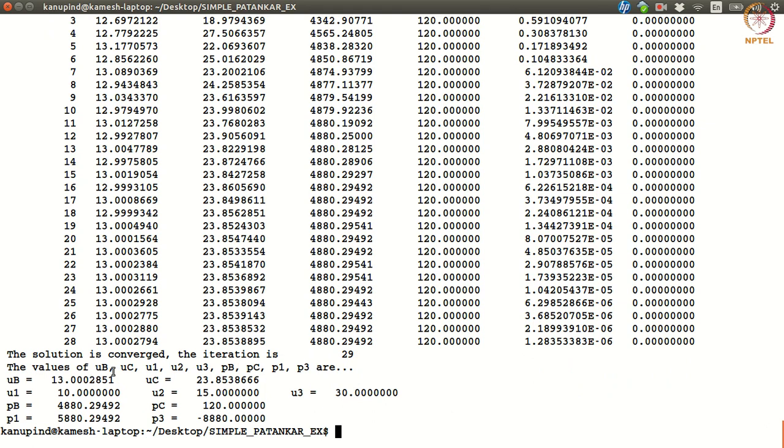Okay, so the converged values of UB is 13, UC is 23, and the cell pressures are 4880, that is 5000. Cell pressure PC was set to 120, and P1 is basically the phase pressure, that is around 5900.